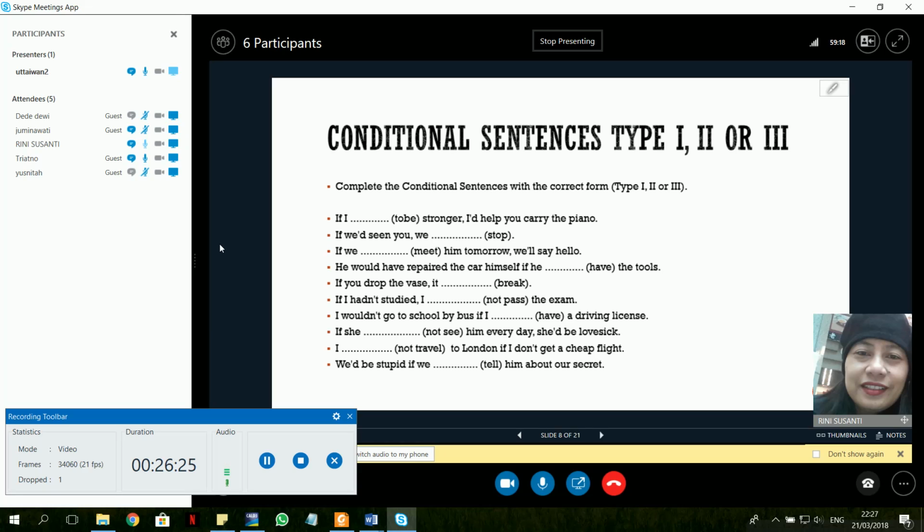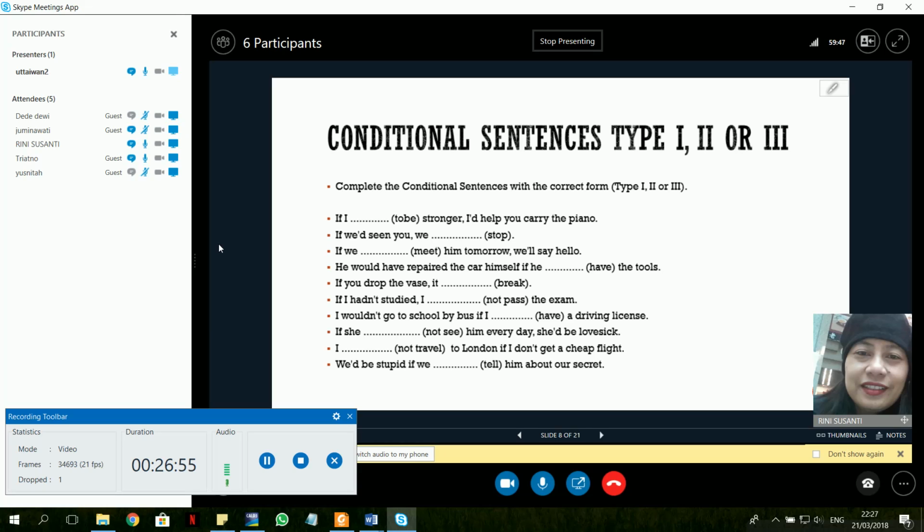Now I mix the conditional sentences type 1, 2, or 3. So you have to decide first whether it belongs to conditional type 1, type 2, or type 3. For example, I will help you to do number 1. If blah blah blah stronger, I'd help you to carry the piano. There is the word I'd.